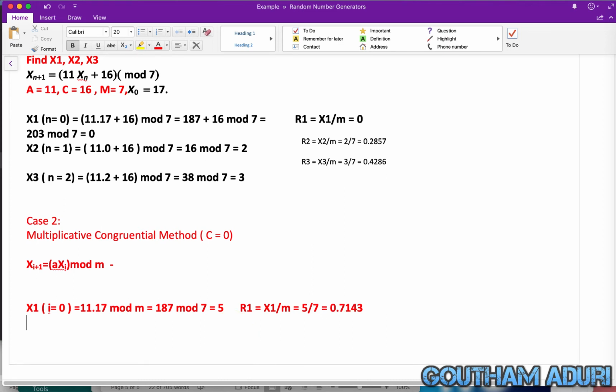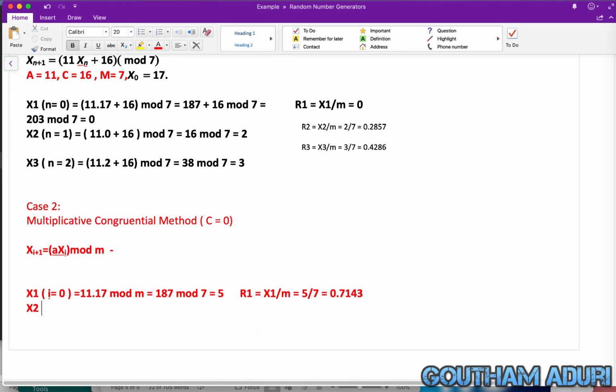Next, x2, so i equal to 1. Here it's not 11, because i is 1, so x1 becomes 5 into 17 mod 7. 17 5s are 85.